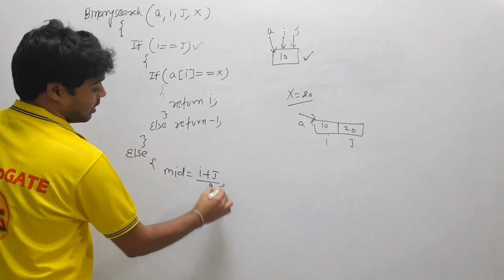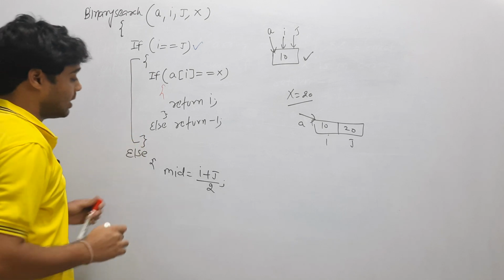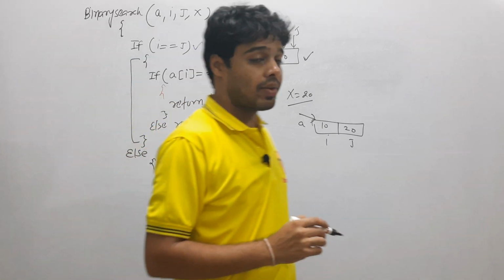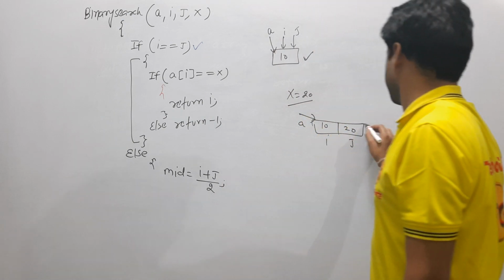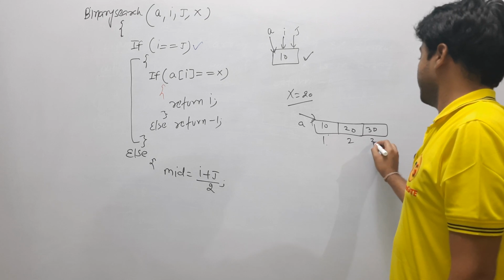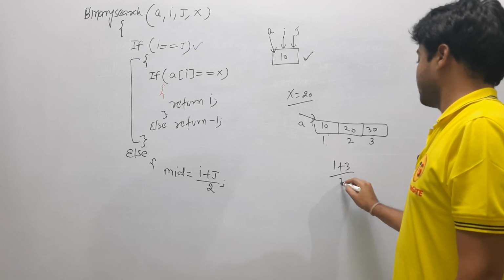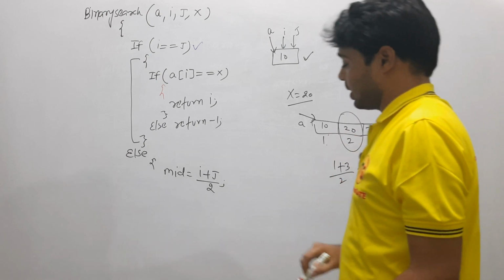Suppose there are three elements, positions 1, 2, 3. Then 1 plus 3 by 2 is 4 by 2, which is 2. So 20 is present at the mid position.